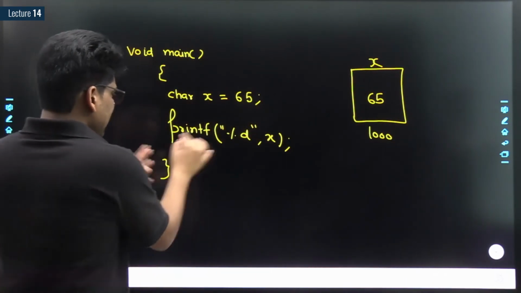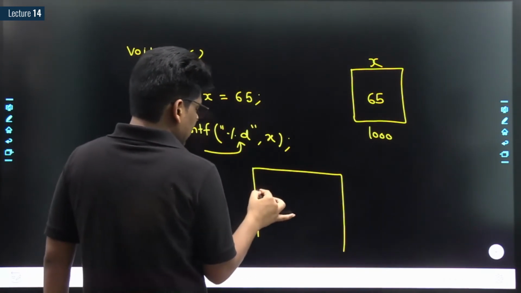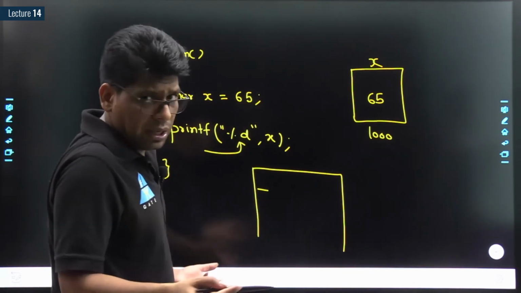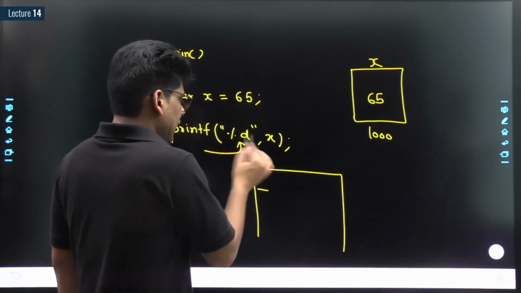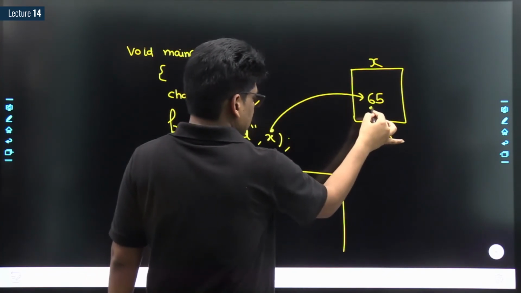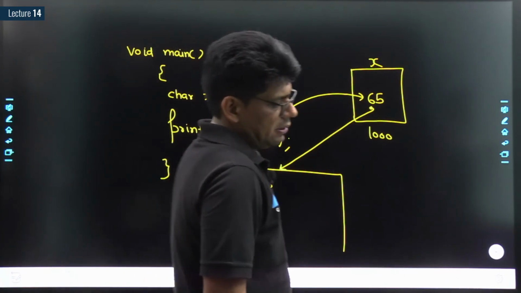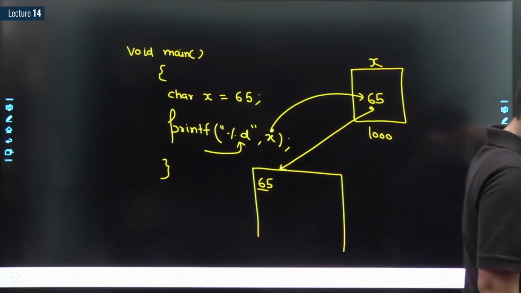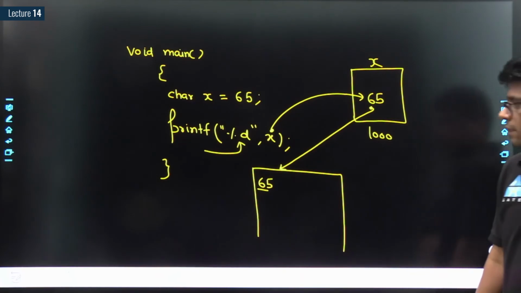What are we saying to the compiler? Compiler is saying, see, some integer value is to be printed. And from where should I pick that value? Go inside x, pick this value and print it. Try to understand.